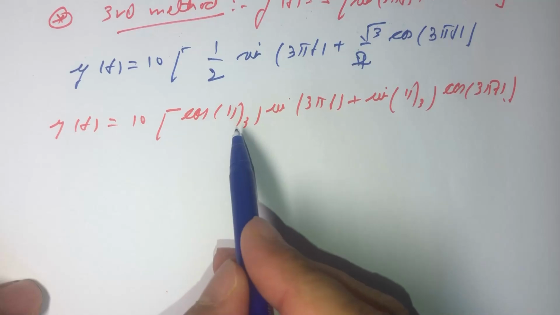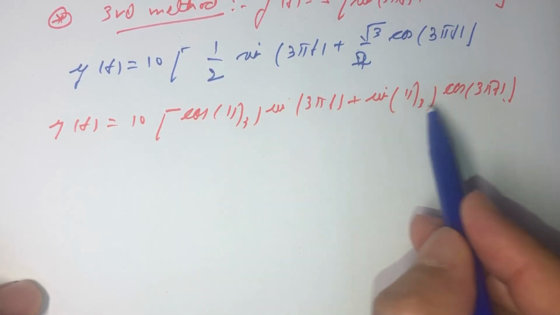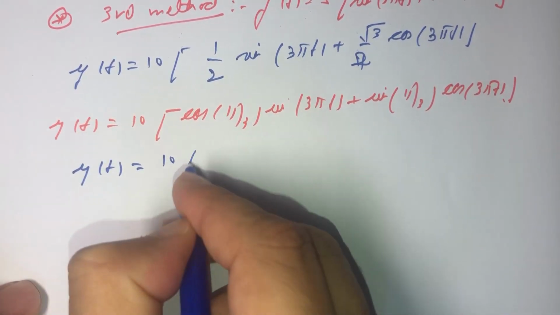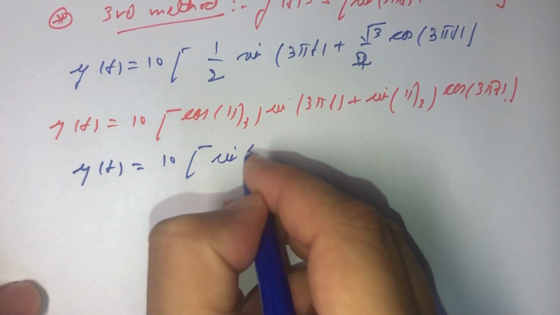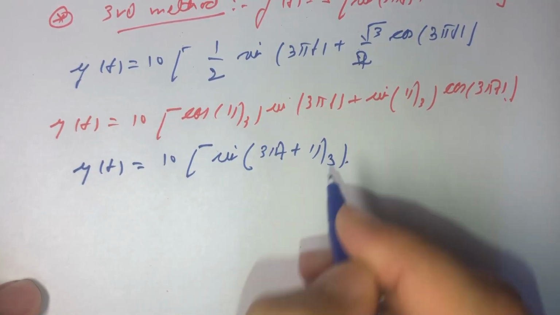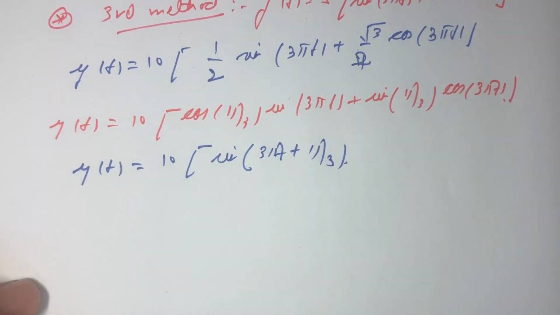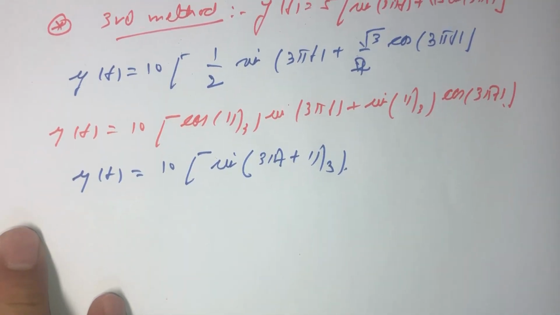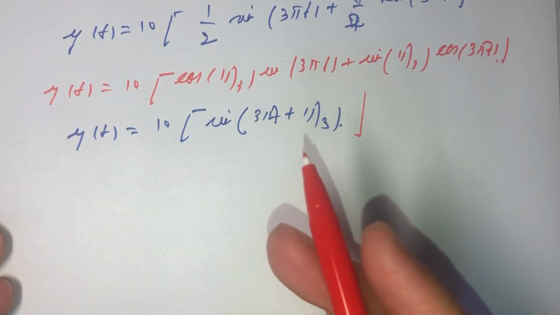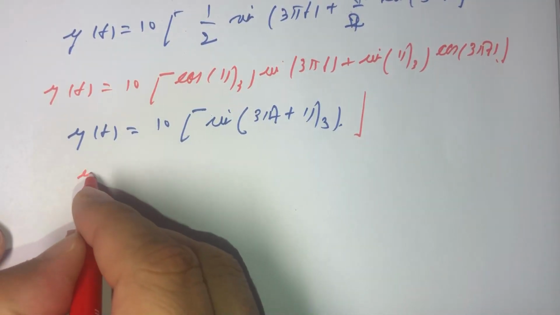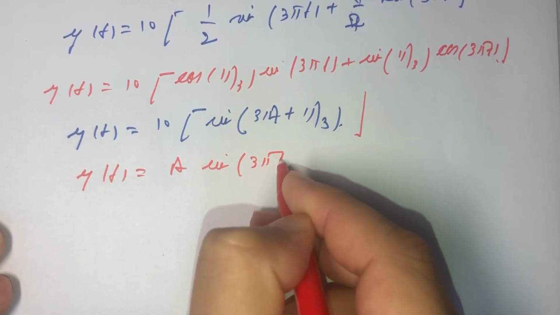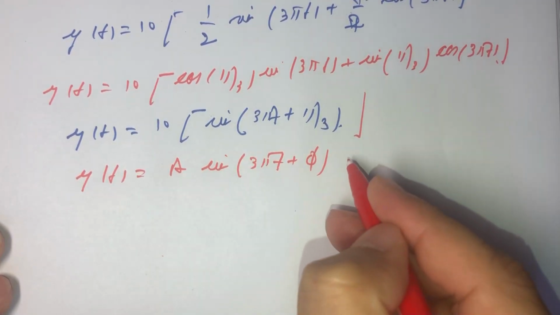So this is of the form cos A sin B + sin A cos B. So we can write that y(t) = 10 sin(3πt + π/3). So we can make a one-to-one comparison with the standard equation y(t) = A sin(ωt + φ).